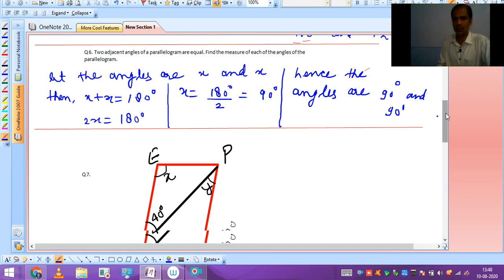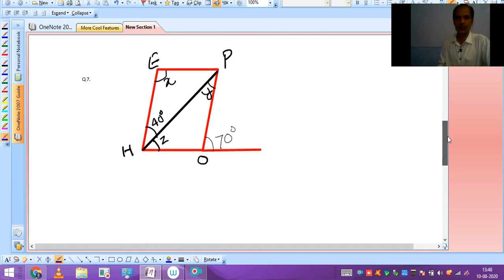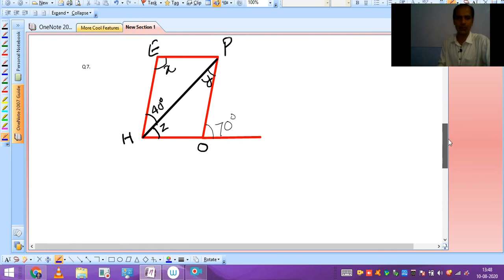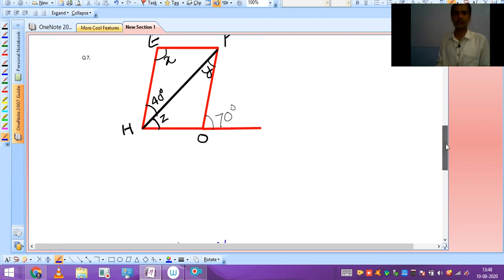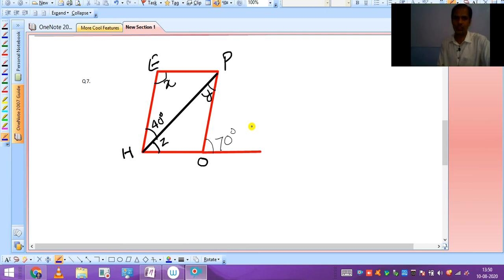Okay students, now move to the next question. This question is very important. So focus on the screen. Question number 7 is, we have to find the value of x, y and z from the given figure.